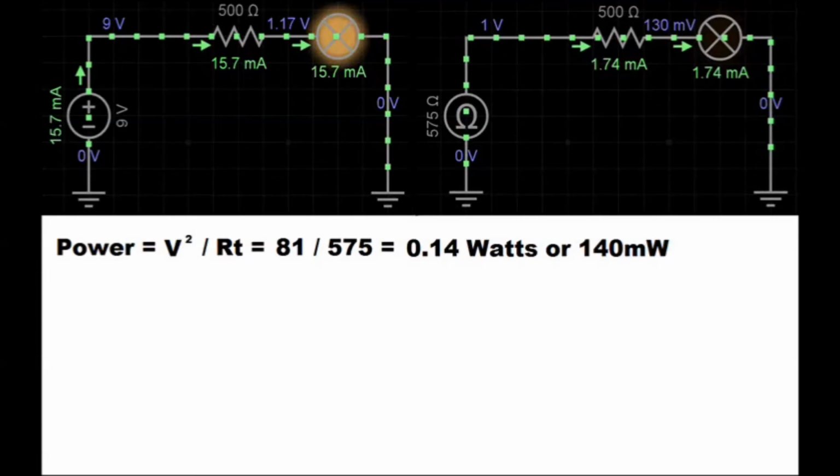We can also use the current to calculate the power by using the following formula: total resistance multiplied by the current squared.